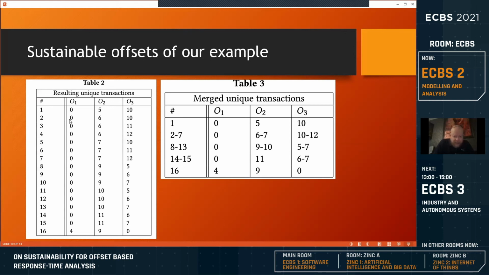But if you look at rows 2 to 7, you have 0, 6, 10 and 0, 6, 11, which means that those two rows can be merged so that you have 0, 6, and 10 to 11, and up to 12.